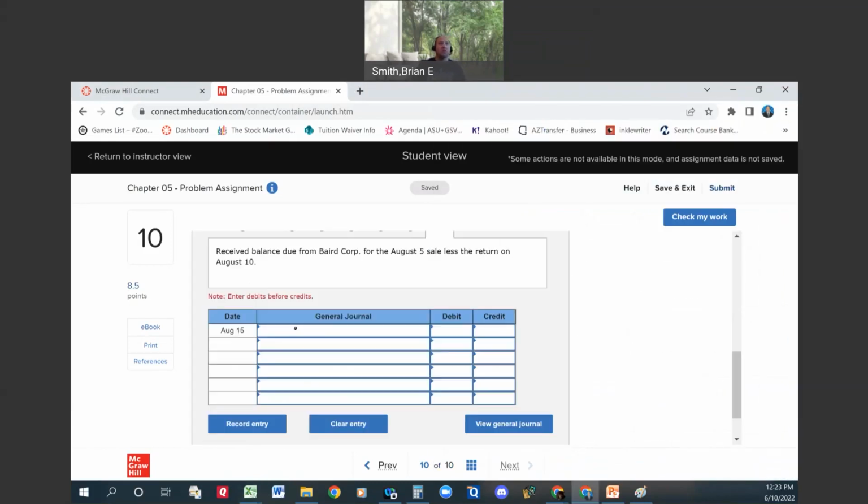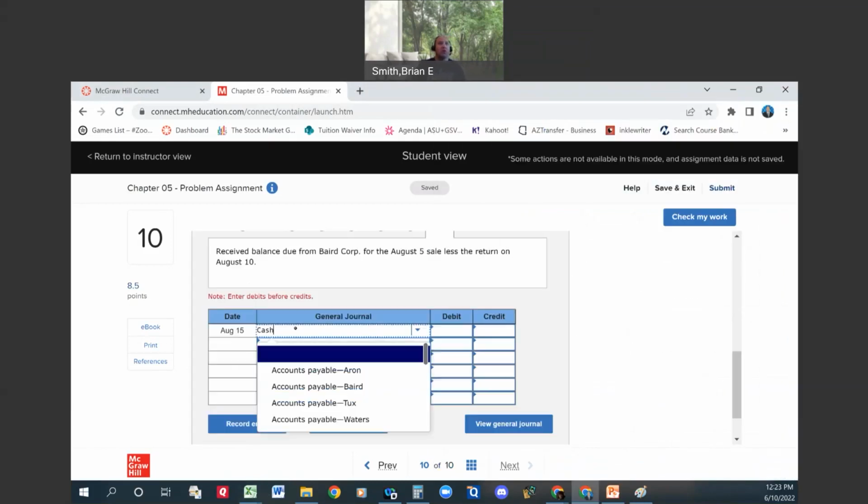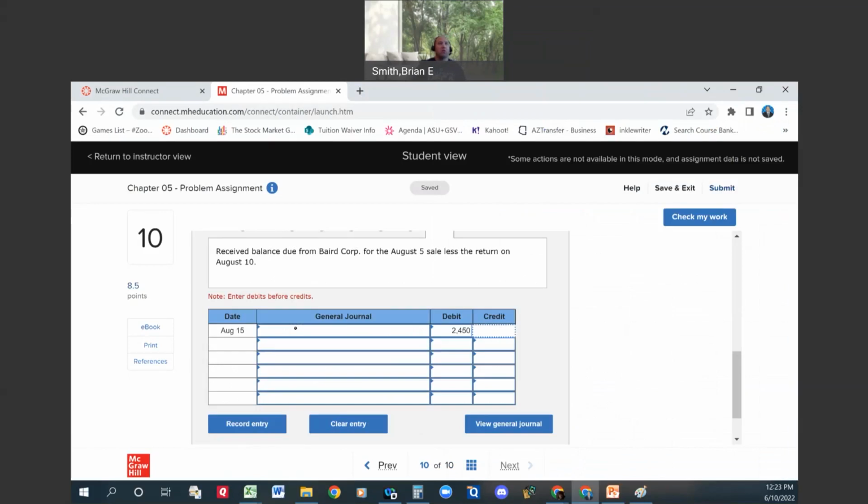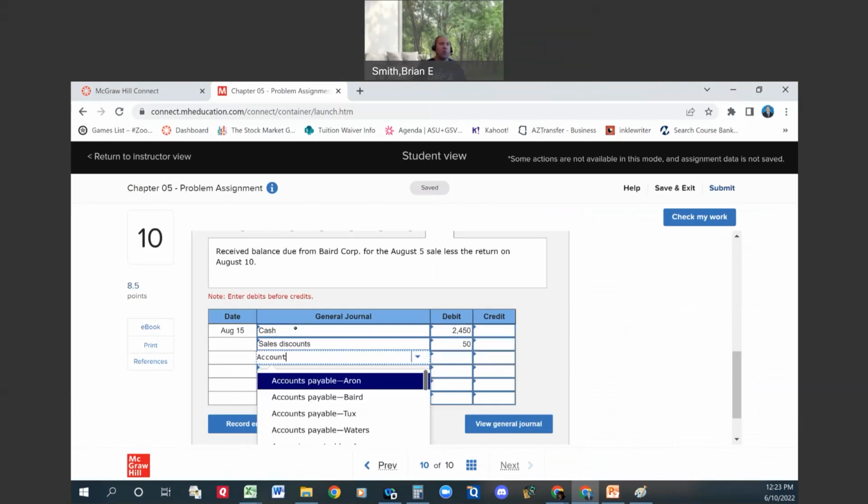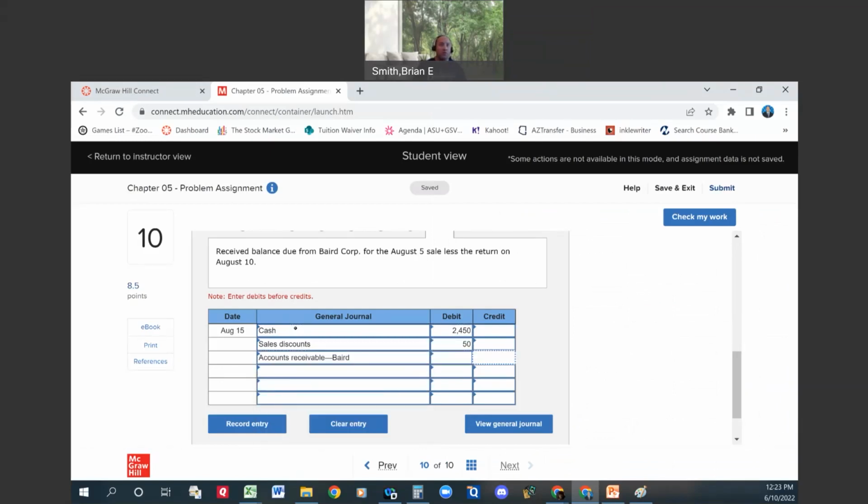Cash, $2,450. Sales discounts for that 50, and then accounts receivable for Baird owed us 2,500.